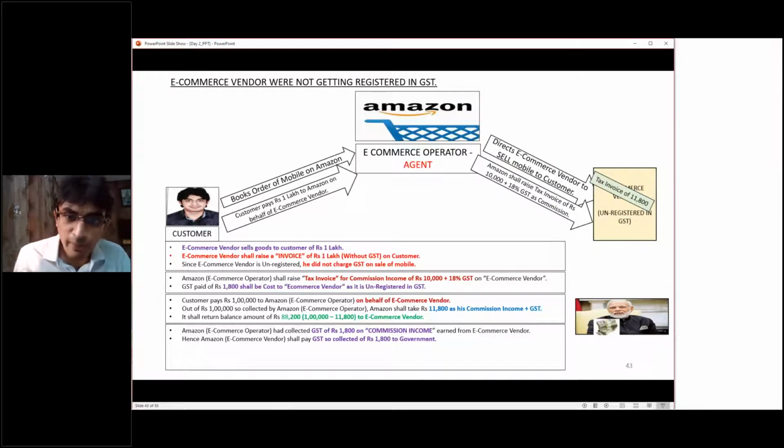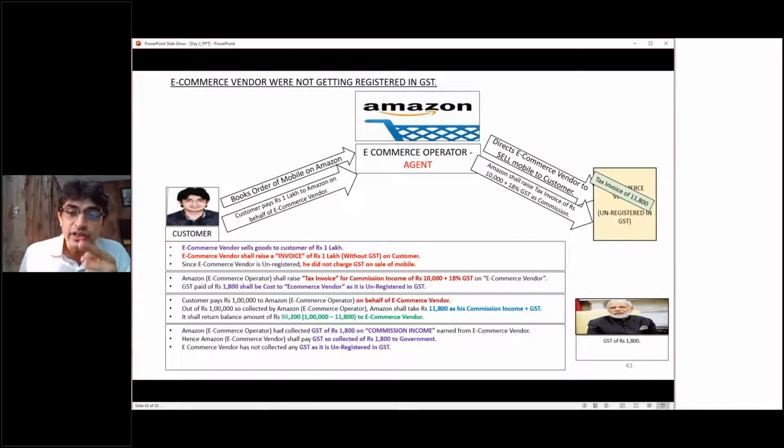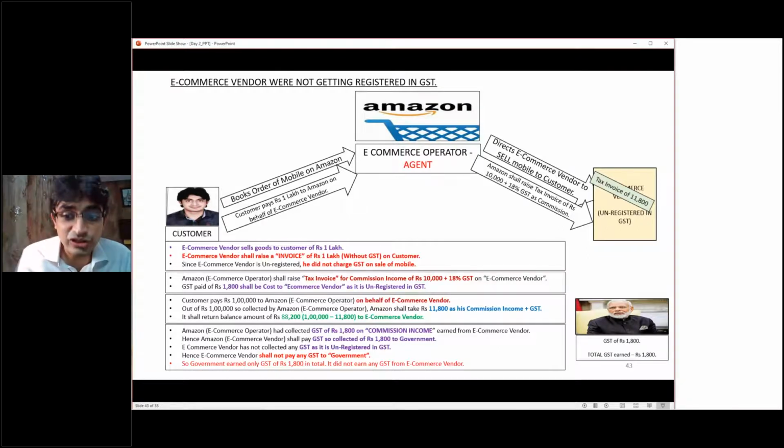But since the vendor is unregistered, he shall not pay any GST to the government. Earlier the e-commerce vendor was paying 16,200. This time he did not pay a penny. So government earned only 1,800 rupees, whereas it was earning 18,000 rupees. Because of such vendors, government received only 1,800 rupees.